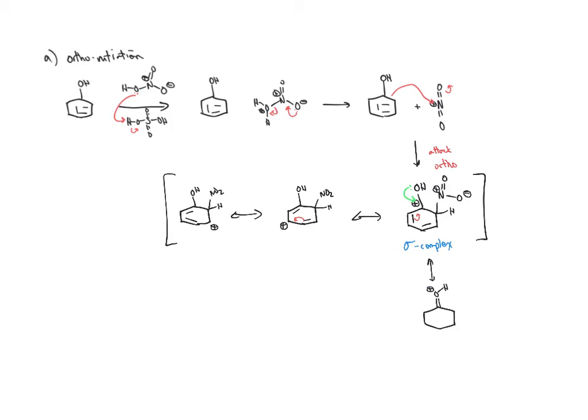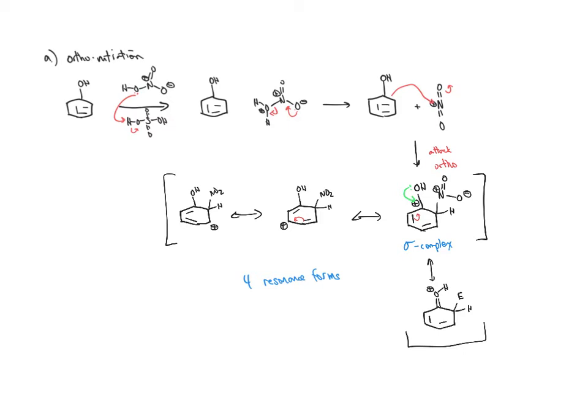Right, so that's going to be a positive charge on oxygen. Okay, and so in total we've got 4 resonance forms here. And having more resonance forms, of course, makes this a lot more stable.